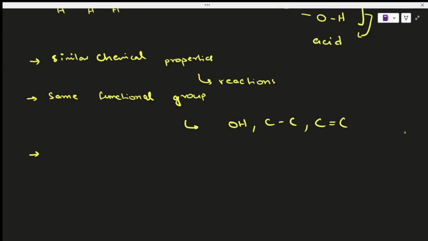So let's say I can draw a few molecules here. Let's say I draw CH3OH, and I can take the next molecule as well. Now this is basically methanol, we'll get into the naming as well. So this is CH3OH, and then we also have, let's say, the other molecule in the series, CH3CH2OH.